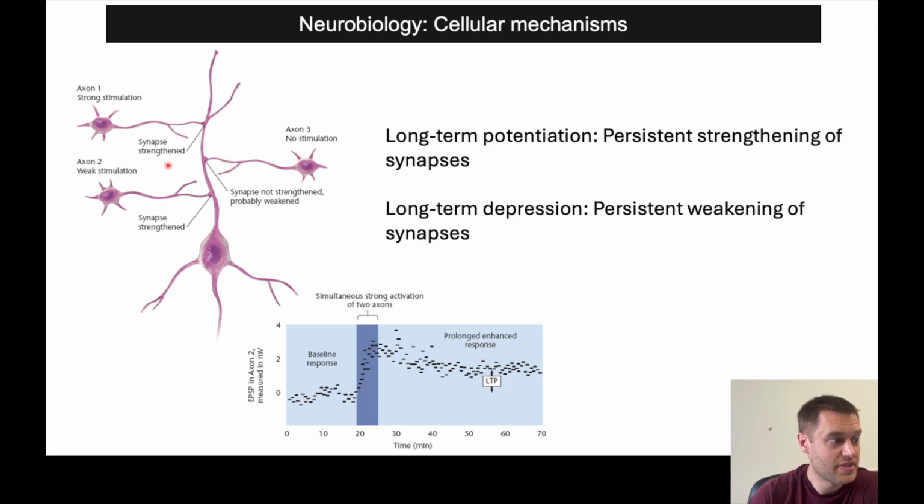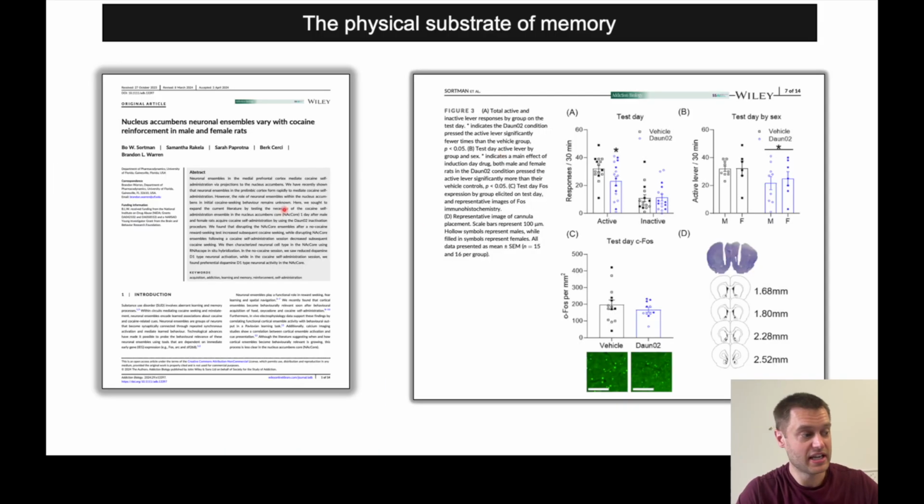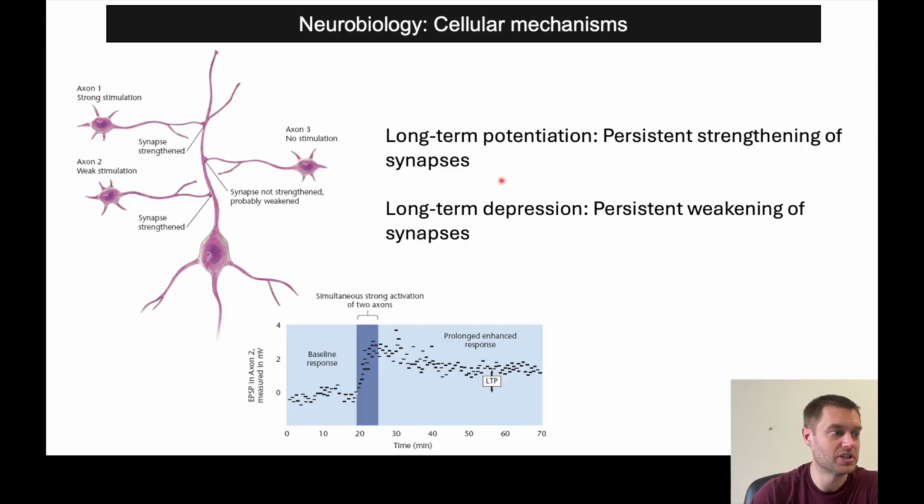Anyway, the next thing that we need to talk about when it comes to the cellular mechanisms of learning and memory is long-term potentiation and long-term depression. By the way, you won't need to know this paper for the exam, but you will need to know what neuronal ensembles are. And I'm just showing you this paper just to kind of demonstrate the actual real-world testing that's going on today to look at these hypotheses.